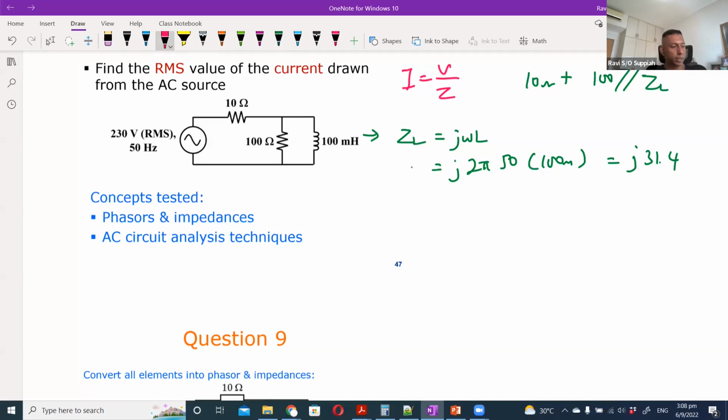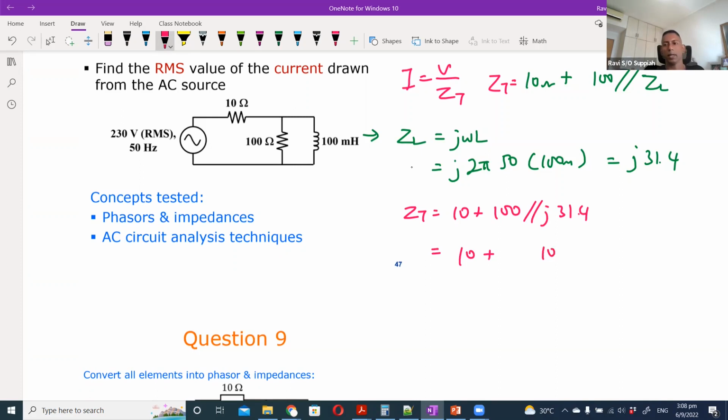So now that I know ZL, I can compute my total ZT, the total impedance. So ZT will be 10 plus 100 parallel with j31.4. You do the same thing as you would normally do for parallel resistors: multiply, then divide by the addition.